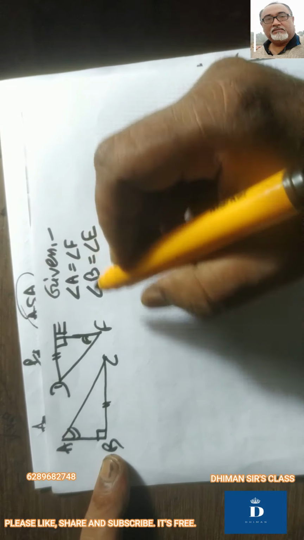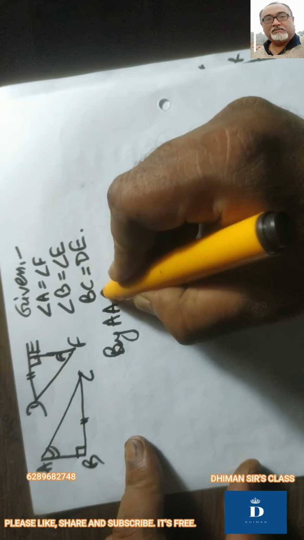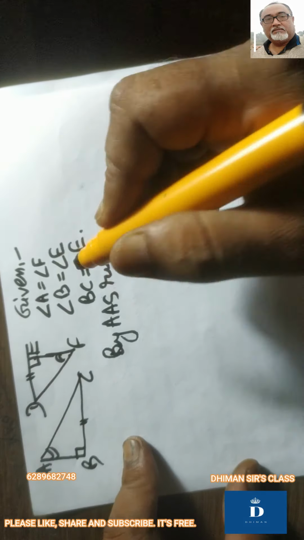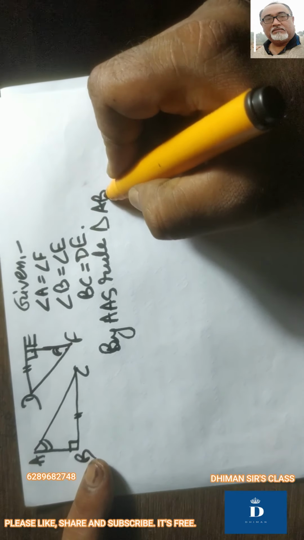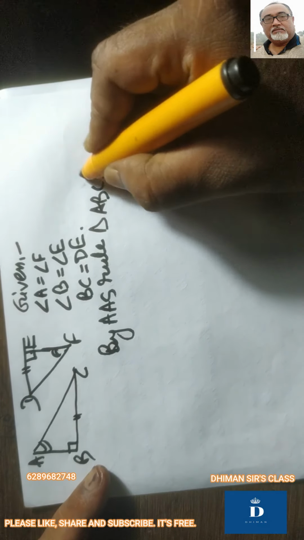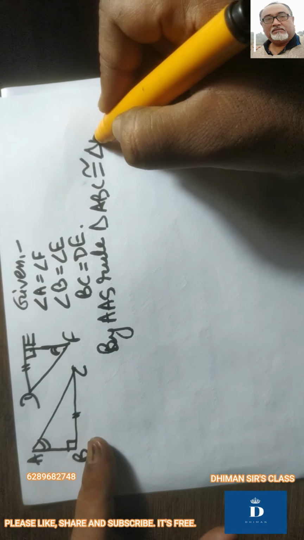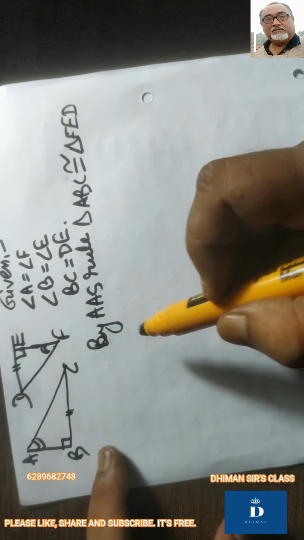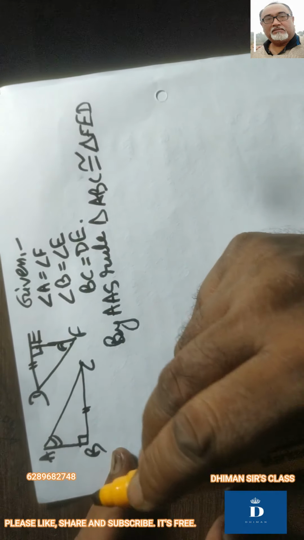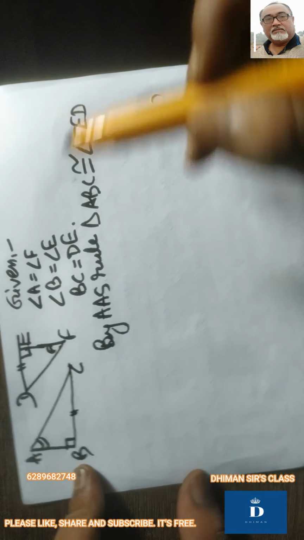What will you see? Angle angle side. So by the angle angle side criterion, triangle ABC is congruent to triangle FED. A, B, C, F, E, D. Sequence is correct. Okay, students.